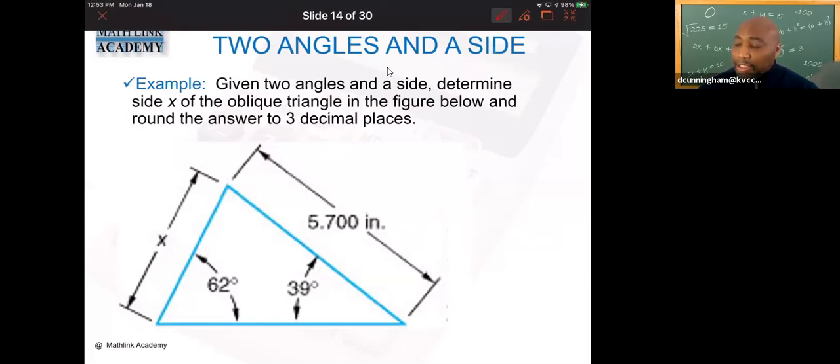Now for angle 62, we have an opposite side of 5.700 inches. And for 39, we have an opposite side of the unknown. And so in this case, we can use the law of sine.